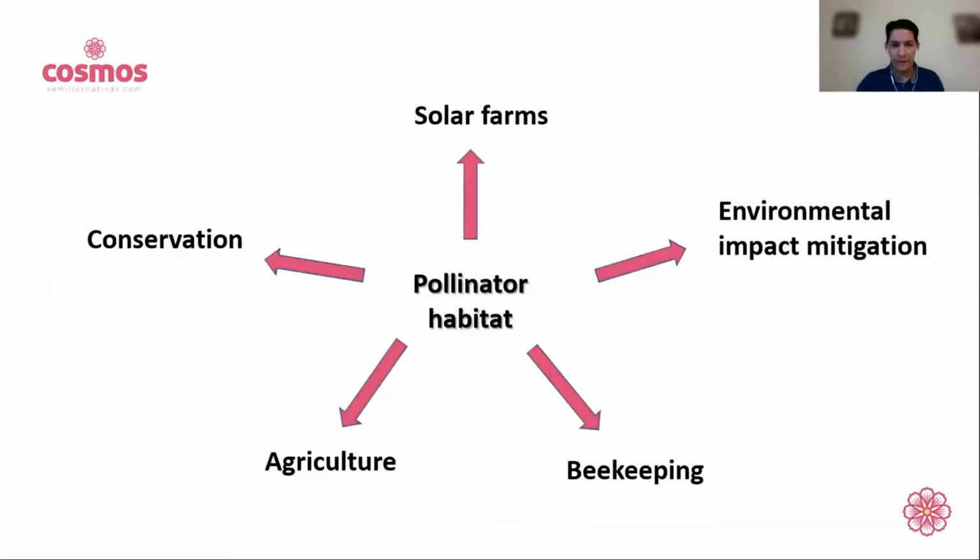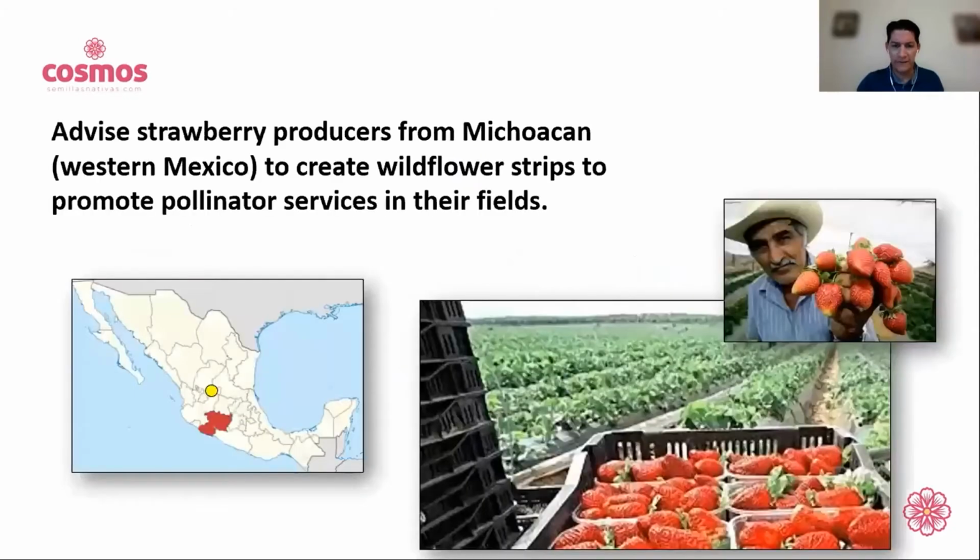My idea is to work in different fields like solar farms, conservation projects, agriculture, beekeeping, and also environmental impact mitigation. I think pollinator habitat can do well in all of these fields.